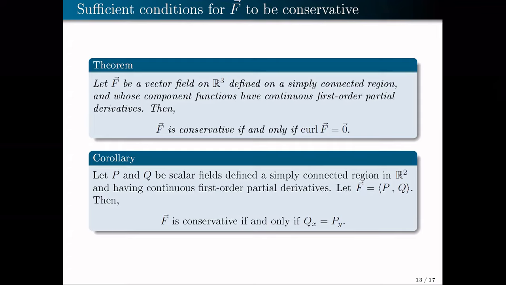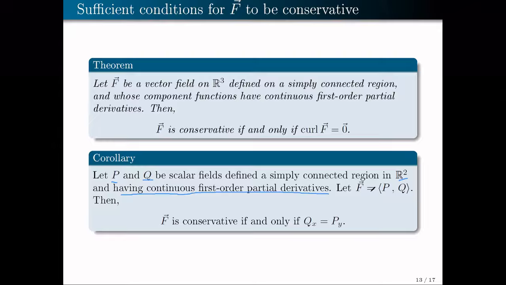In this corollary, we have two scalar fields, P and Q, defined in a simply connected region in R2, and P and Q have continuous first-order partial derivatives.